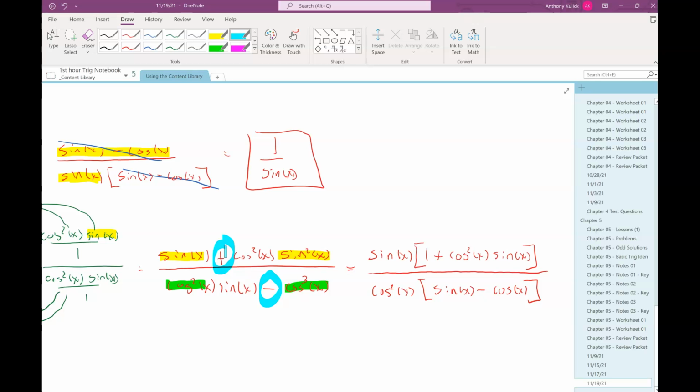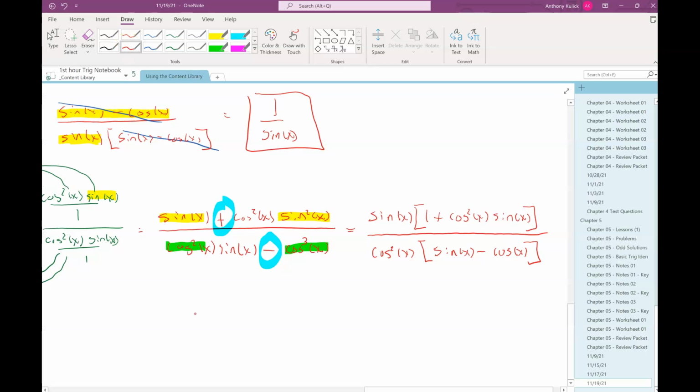Okay. So let's think about this problem. If we have something like this, you wouldn't do that, right? You'd just be like, oh, you get 7 over -1, and just do the arithmetic.